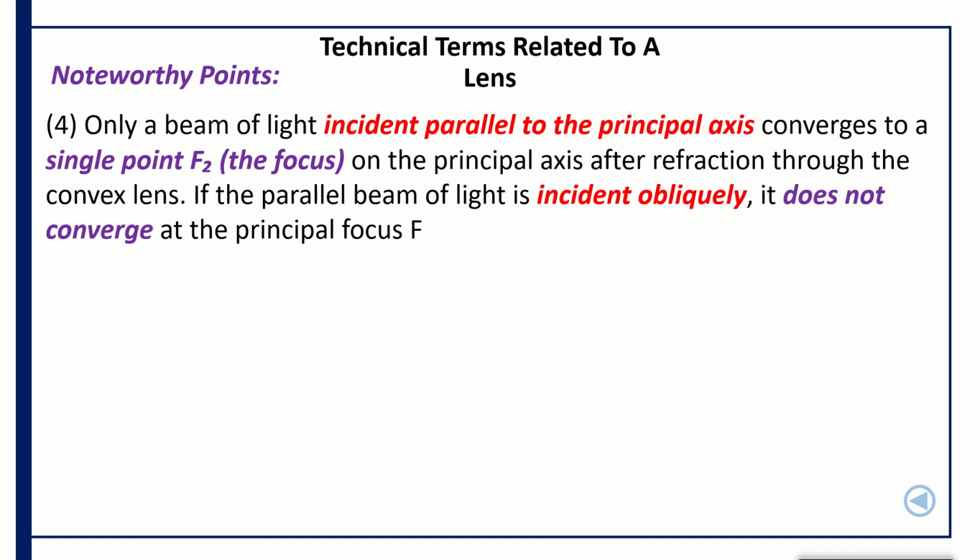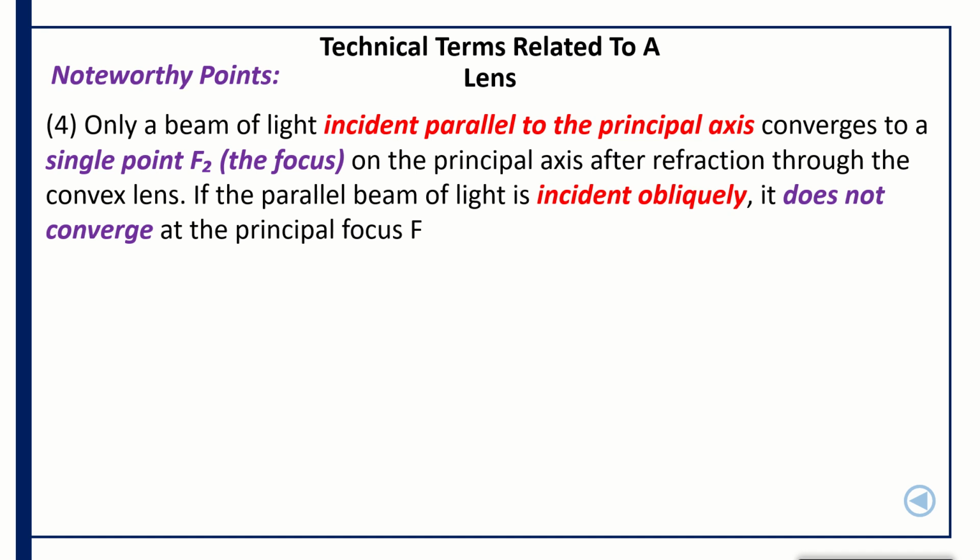So, whenever we are trying to get a single point convergence from a convex lens, we should send in light which is parallel to the principal axis. If it is not parallel to the principal axis, then we cannot get a converged image at the focal point, right?